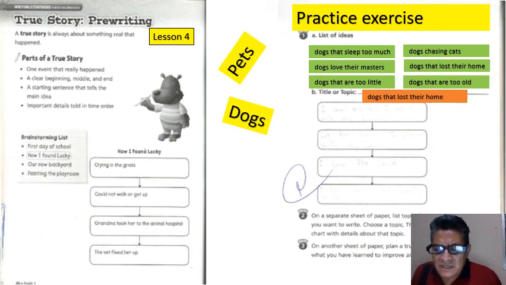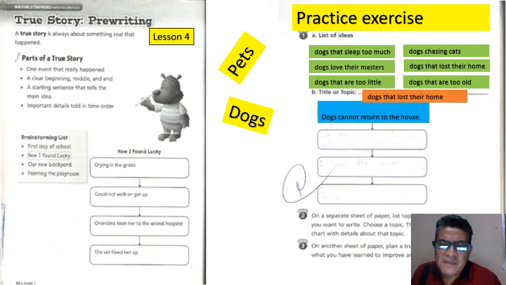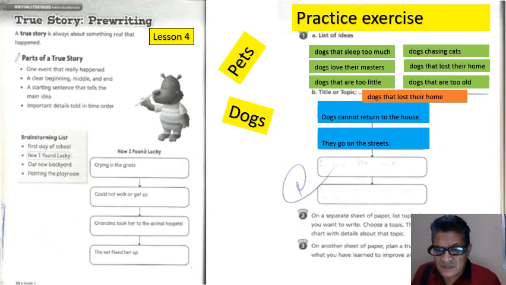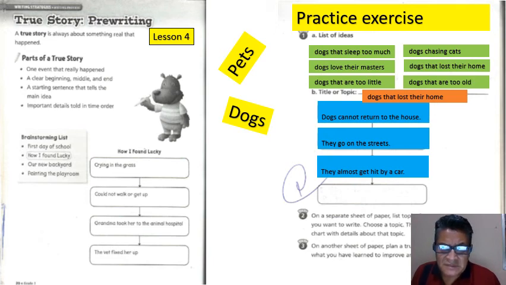Sometimes there are sad stories about our dogs. So we can say that dogs that lost their home, dogs cannot return to the house. See? So they stay outside the house. And if that happens, they go onto the streets. Streets can be dangerous for dogs. They almost get hit by a car. You know, sometimes dogs have accidents because they're hit by cars.